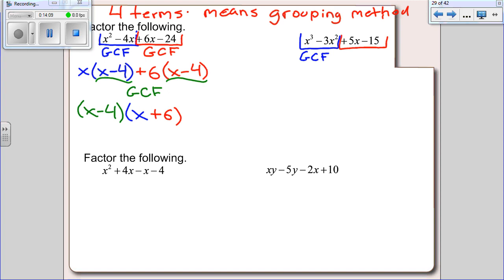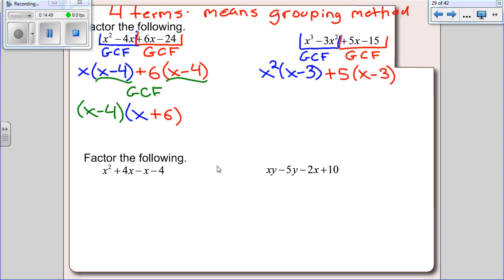That would give me x squared outside, x minus 3 inside. On the red side, I can do a different GCF. I can GCF out a positive 5. Notice that I put plus 5, so I'm still separating the 2 sides somehow. So plus 5, that would leave me with x minus 3. So I cut my thing in half.